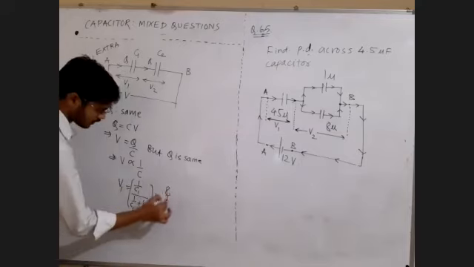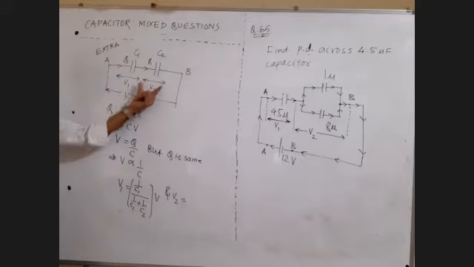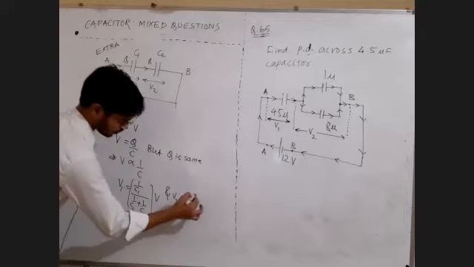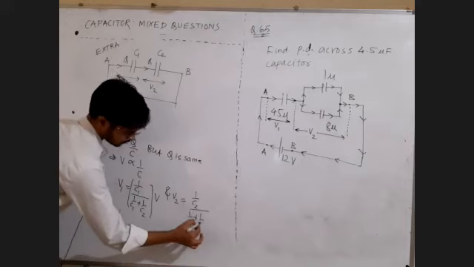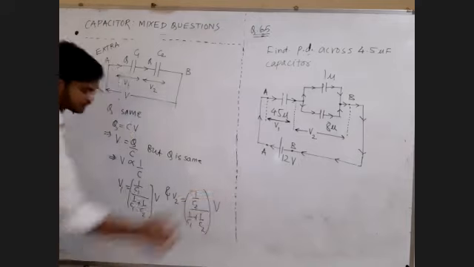Similarly, across the second capacitor it is (1 upon C2) divided by (1 upon C1 plus 1 upon C2) of the total.